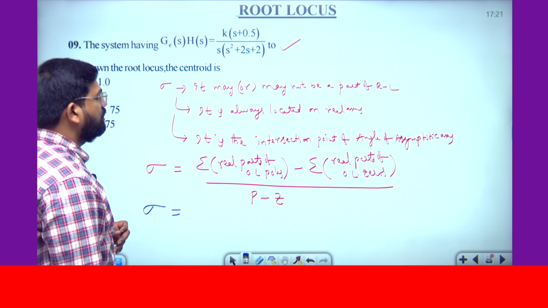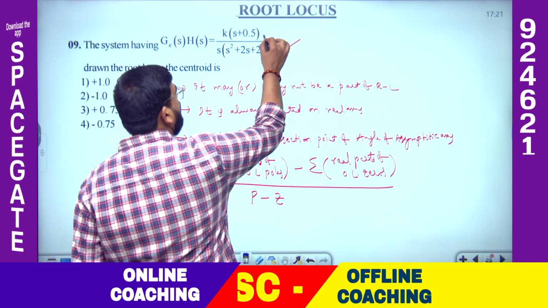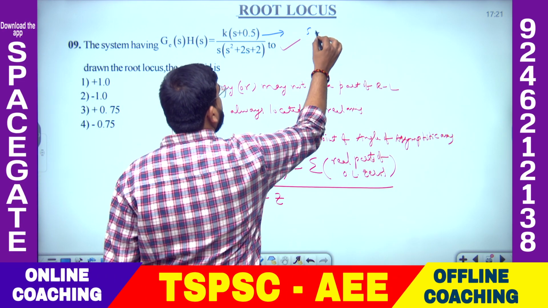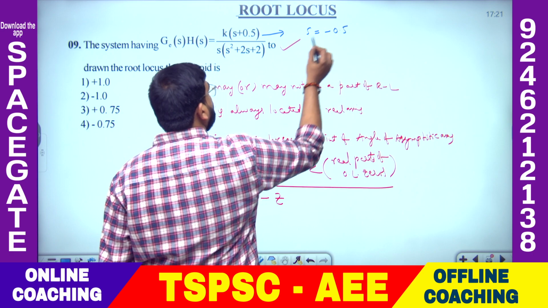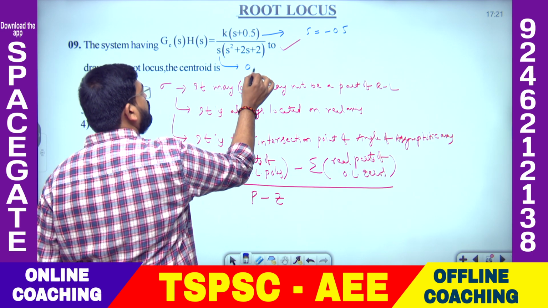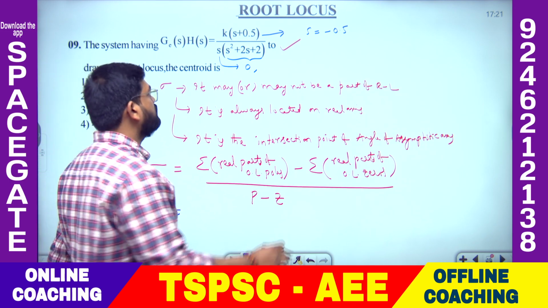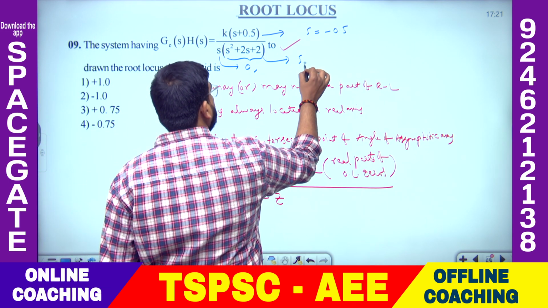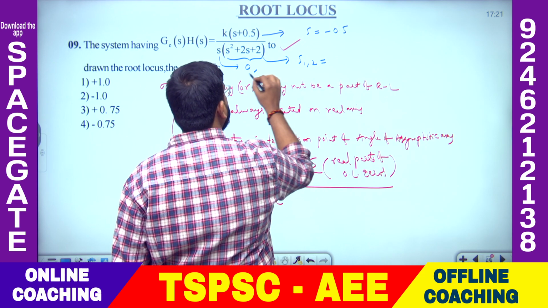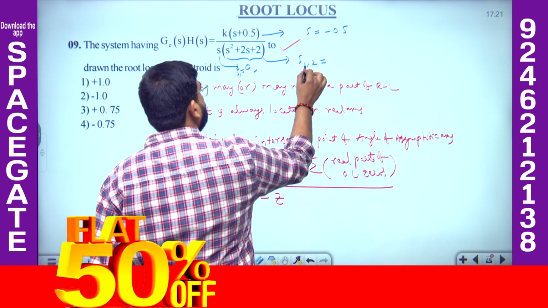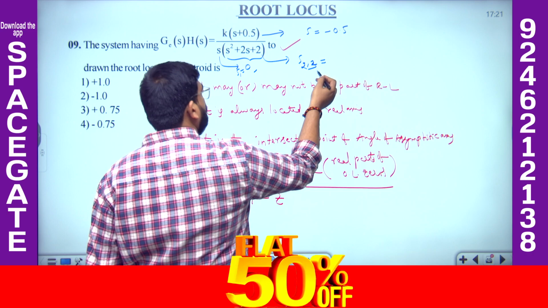Now you substitute in this formula, what we get? Only real parts. How many zeros? We have only one zero. What is the location here? Minus 0.5, this is the location. And for here, the pole is located at 0. And here s square plus 2s plus 2 means we will get 2 poles. This is the first one, and these are the second and third poles, right?